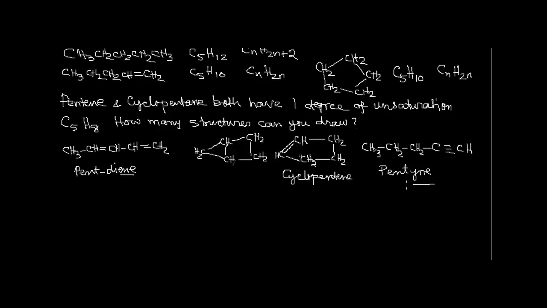All of them have 2 degrees of unsaturation. That is right, because there are 2 double bonds. 1 double bond gives you 1 degree of unsaturation, so 2 double bonds will give you 2 degrees of unsaturation.